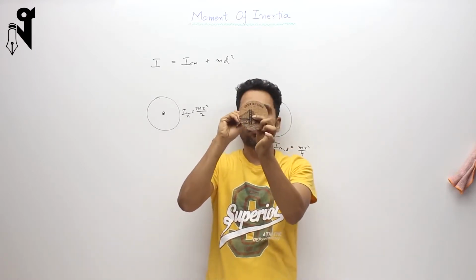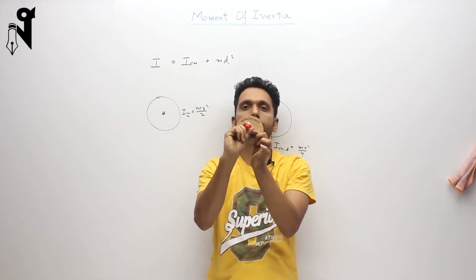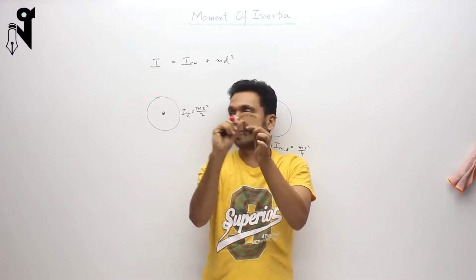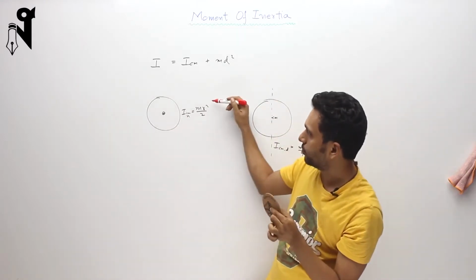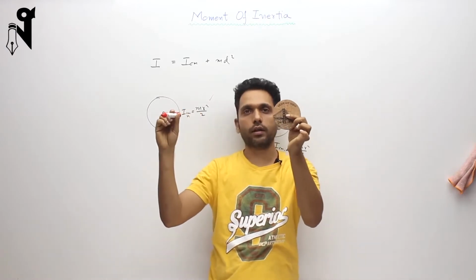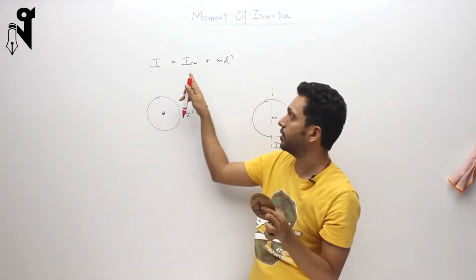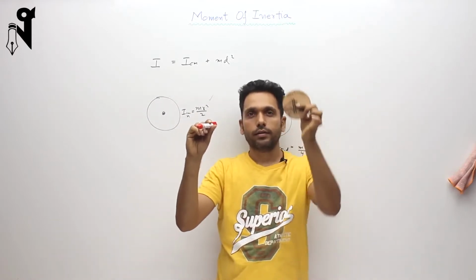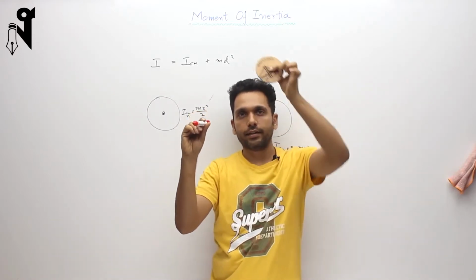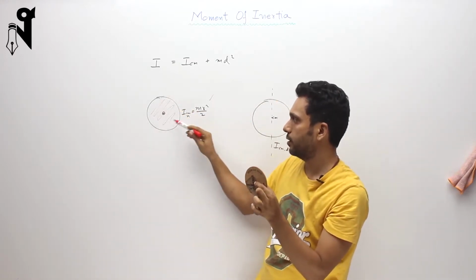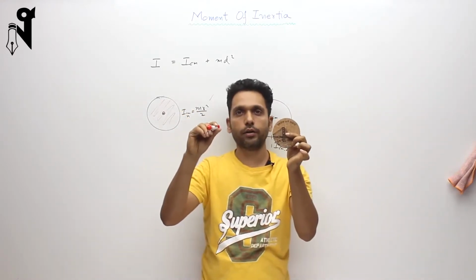And then you go inside this, and then it is rotating like this. That was a normal CM. So this is the ICM in the first case. If my axis earlier was d away, then we'll write mr square by 2 plus md square. So for this case, your ICM for the disc, it's not a ring, it's a disc, was mr square by 2.